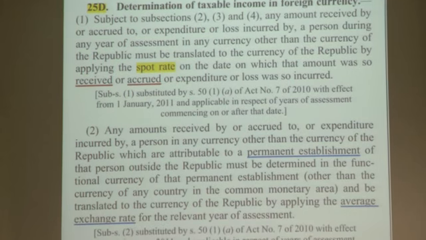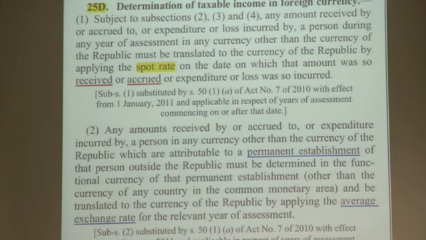Subsection 2, which can override the first one, applies when I have a permanent establishment in a country outside the Republic, and then we use the average exchange rate. The reason is that a permanent establishment is like a normal business. In the other country, I do transactions on a daily basis.